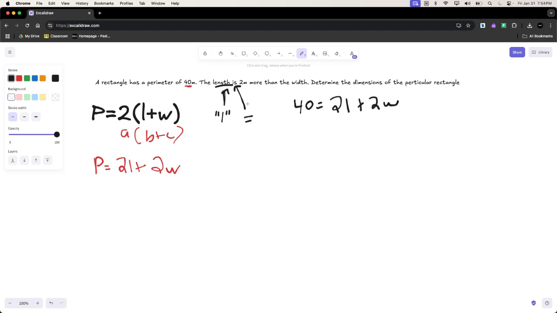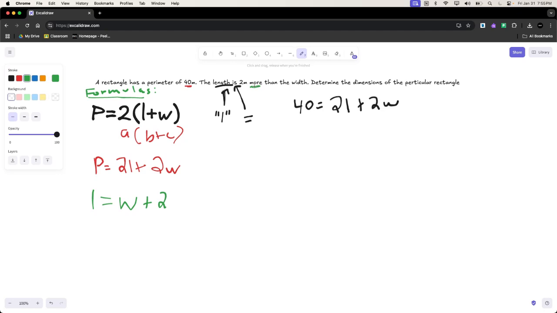I'm going to do it in, let's say, green, and I'm going to do it over here. This is my formula section, I'll just say formulas. So what we can do here is, length, which is L, will equal width, which is W, and then two more than the width, which means plus two.